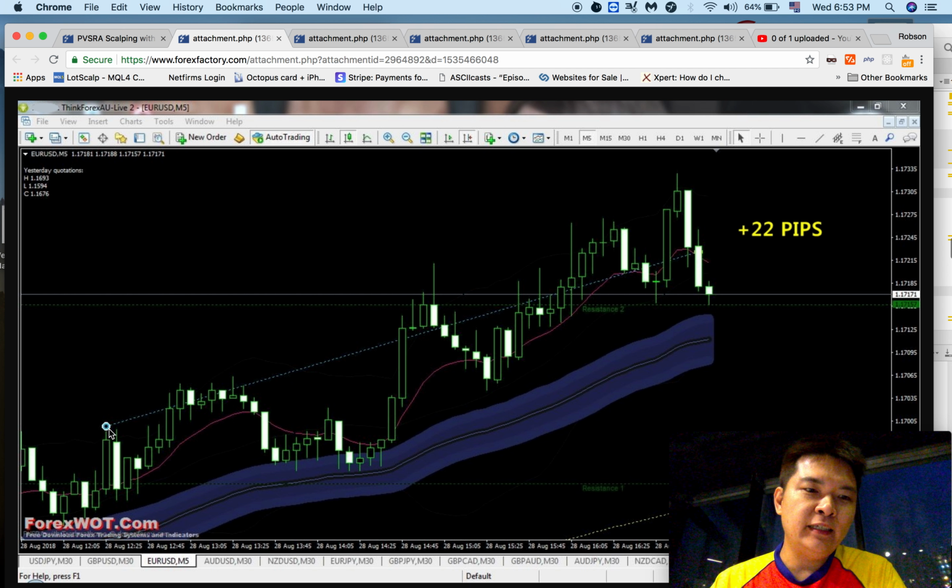Based on what I saw here, I wouldn't say this is a good place to enter because it's not really breaking here. It's not even breaking the previous high. I'm not really sure why you placed it here, to be honest with you. You made 22 pips, that is great, but I'm not really sure why you placed it here.